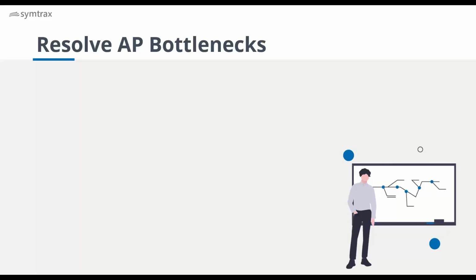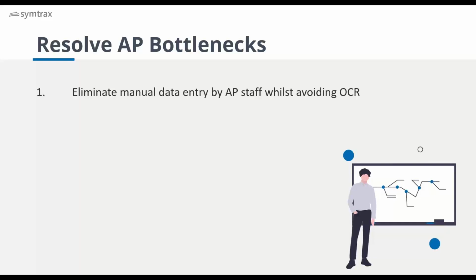So, we've discussed this. How would you actually go about resolving these AP bottlenecks, right? The painful manual process of corresponding can prove challenging, because you're incorporating people who are involved with manual processes. There's even the OCR element, which can be counterproductive.